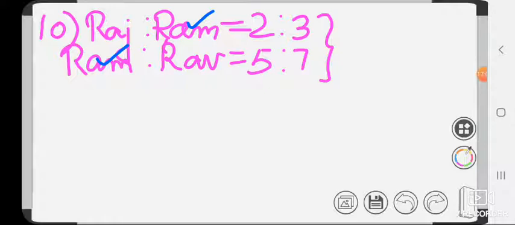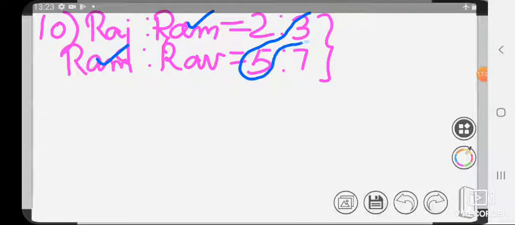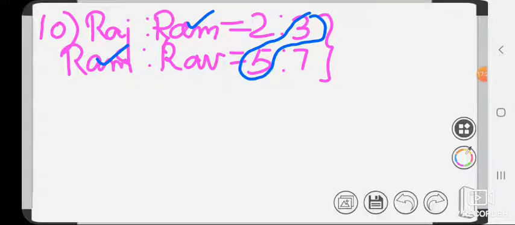Instead of A, B and C, here it is given persons Raju, Ramu and Ravi. So our task is to make Ramu's ratio the same. How can we make 5 and 3 equal? There is no common element among them. So our task is to make the ratio the same.